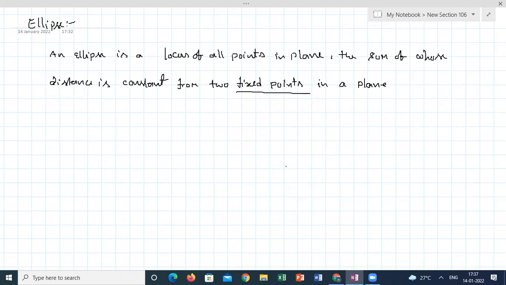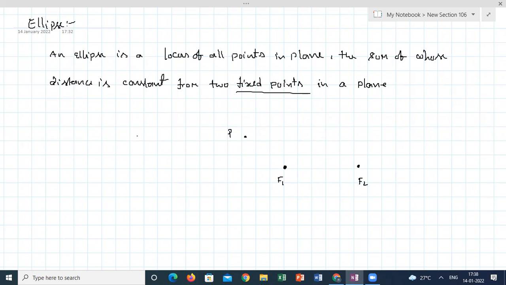It's very simple. Suppose I am taking a point here. Locus of all the points, that means I'm taking 2 points. These are the 2 points. So this is P, this is F1, this is F2.